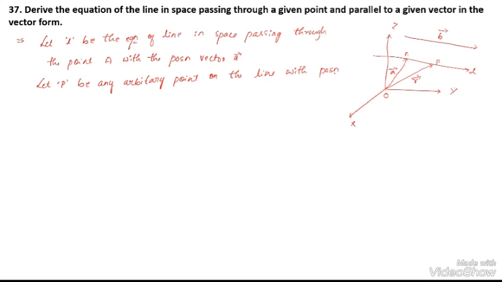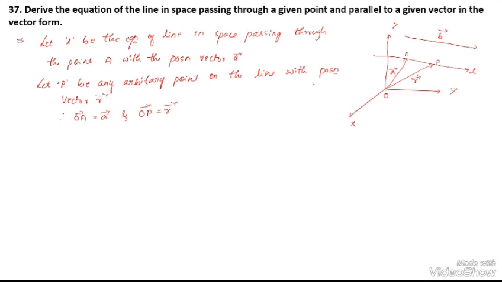What is the position vector of the point P? That is r, position vector r. Now, by these two points, what have we written? The vector OA is equal to position vector a, and the vector OP, the position vector, is r.